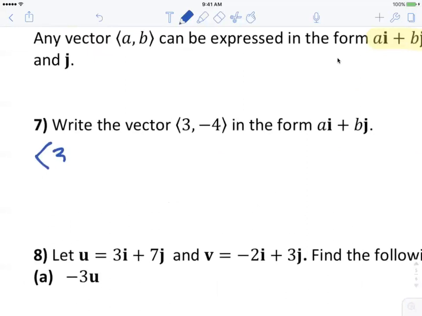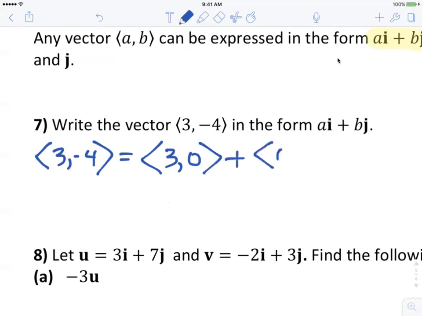The first thing I'm going to do, I'm going to break this out into two vectors. I'm going to write this as 3, 0 added to 0, -4, right? Using my vector addition kind of in reverse, right? Notice if I added those two together, I would get 3, -4, okay?